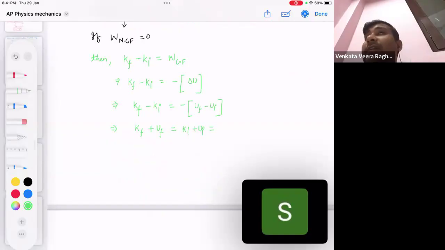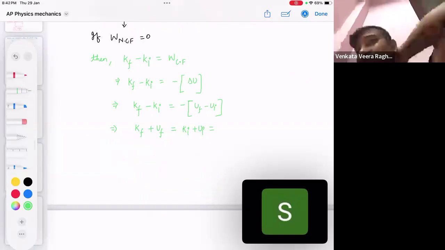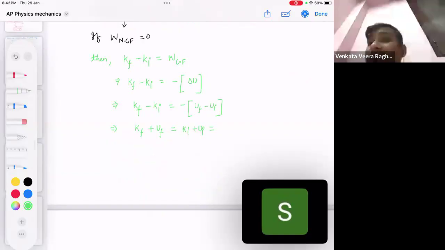An object has only 2 forms of energy, kinetic and potential. On the left hand side we have the sum of kinetic energy and potential energy, equal to, on the right hand side, again the sum of kinetic energy and potential energy. So does that mean if there is no non-conservative force doing work, then total energy is remaining conserved?